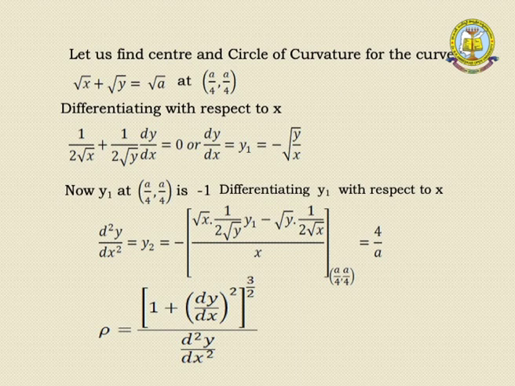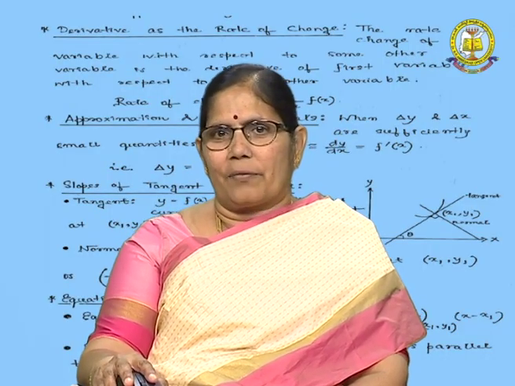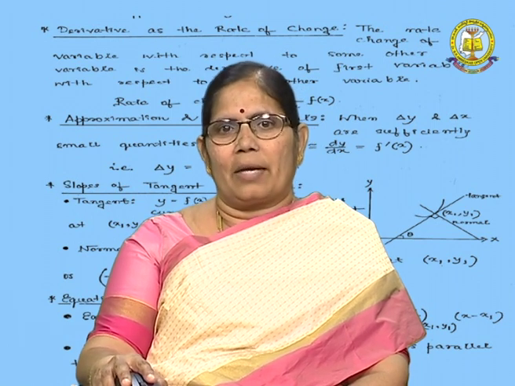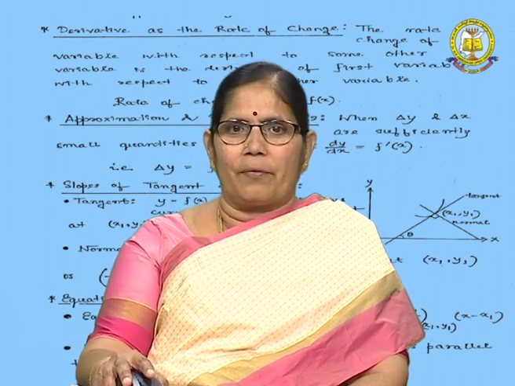So, substitute these values in rho, that is (1 + (dy/dx)^2)^(3/2) divided by d²y/dx². After finding this, you have to find the center of curvature. You got rho value as a by root 2, center of curvature at (a/4, a/4).